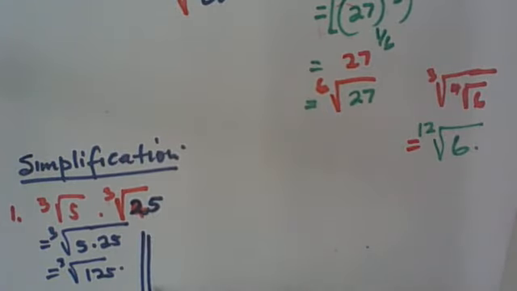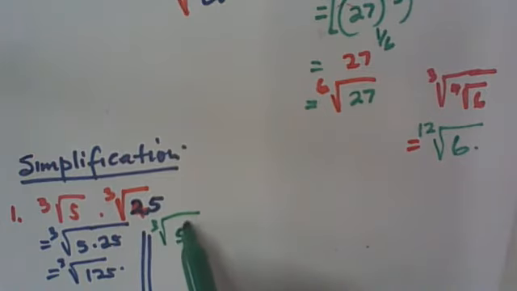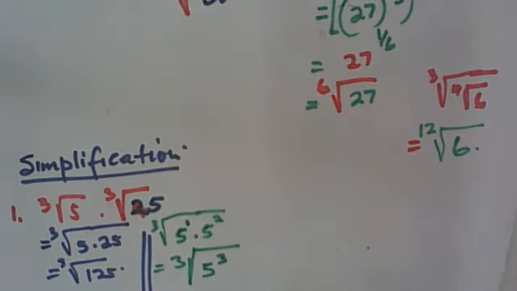Or another option is to break this. It will be the cube root of 5 to the power 1, multiplied by 5 to the power 2. And that gives you the cube root of 5 to the power 3. Now what happens?